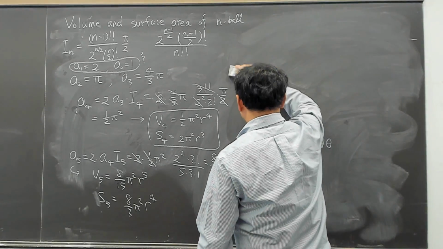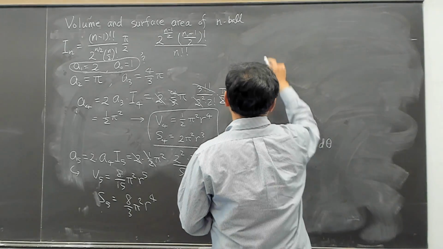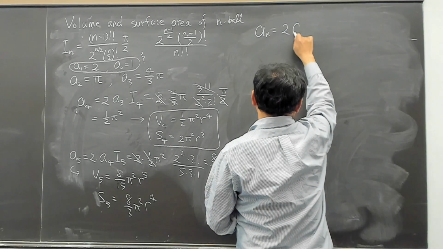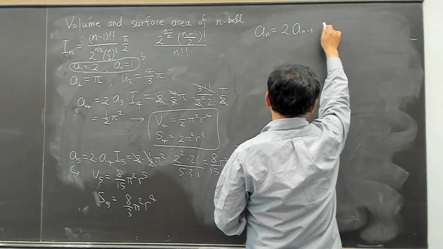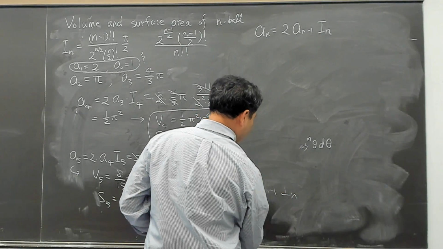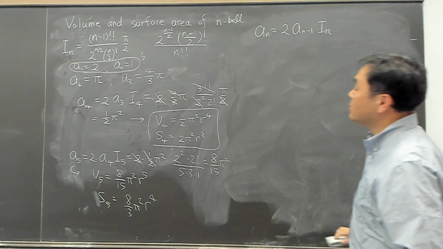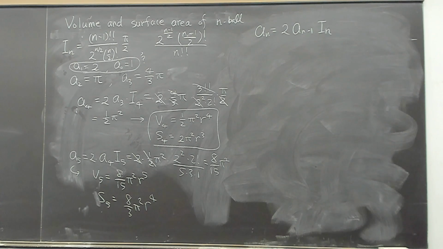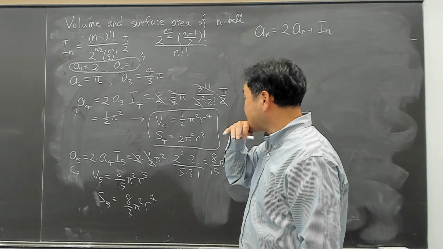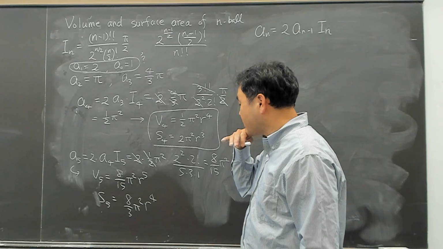let me rewrite it here. A_n equals 2 times A_{n-1} times I_n. You can kind of see that, again, there's a pattern that emerges for even and odd separately.